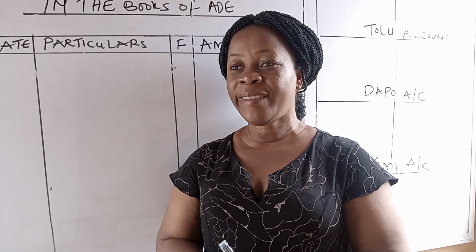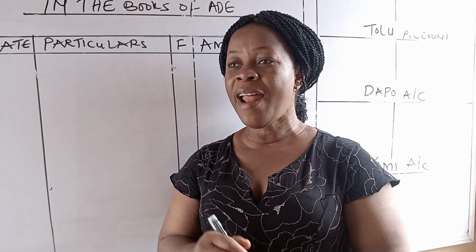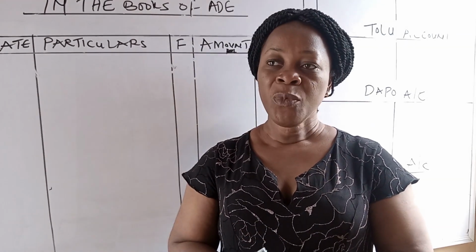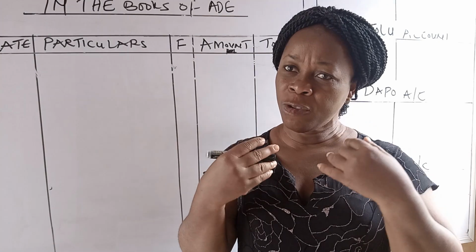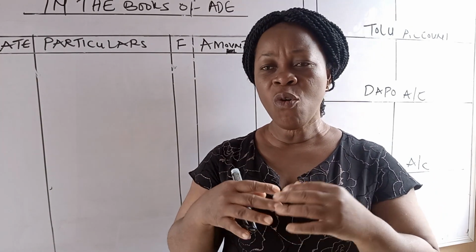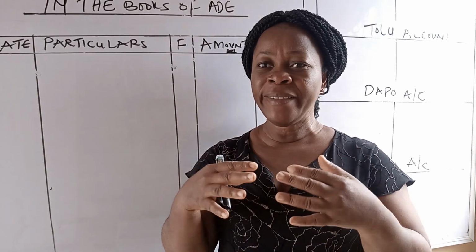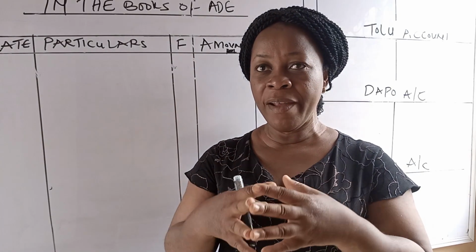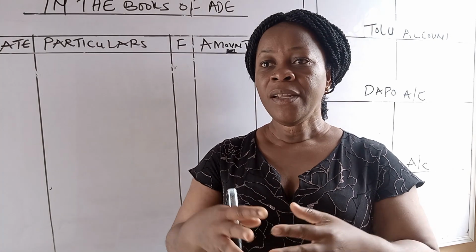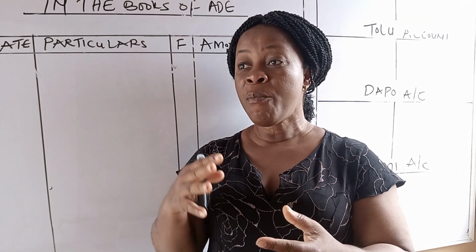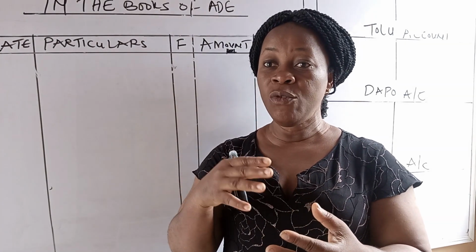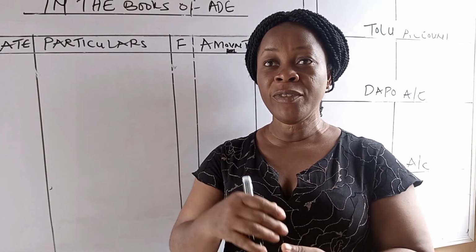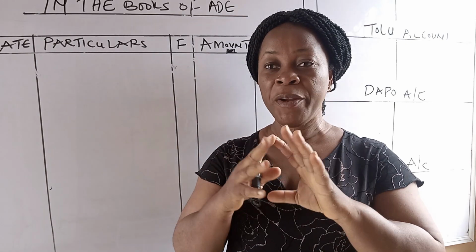January 21: bought 4 shirts at 150 naira on credit, which were returned to us by Tolu. Whenever we hear the word "to us" in an examination condition, we are representing the person whose account we are preparing. So the 4 shirts that were bought and returned to us were bought from Ade, whose books we are preparing.